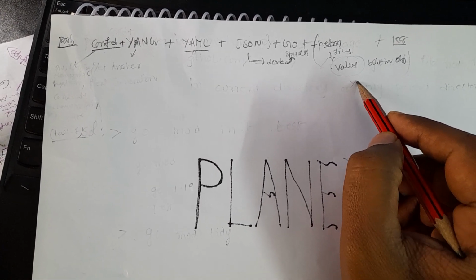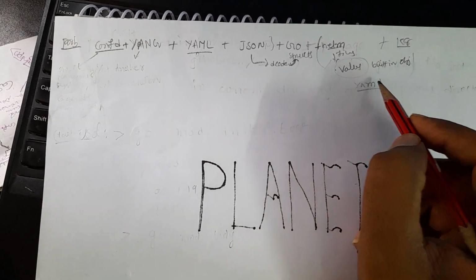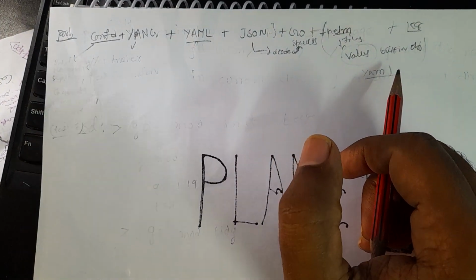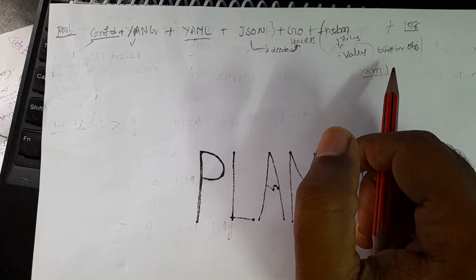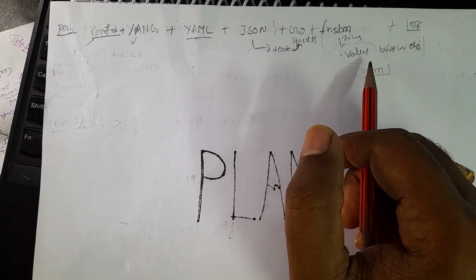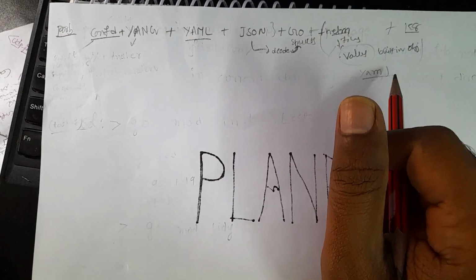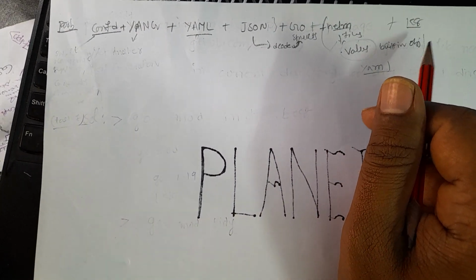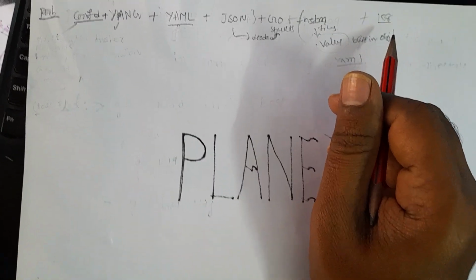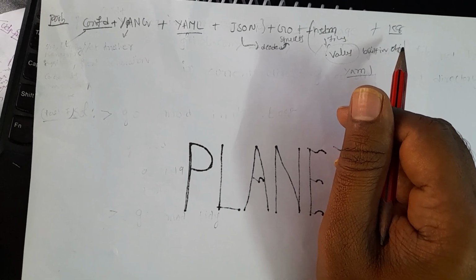If you have a YAML file with values, those values will be used, and the charts will take the input values and it will get installed on the K8s, right? Helm chart in Helm installation.